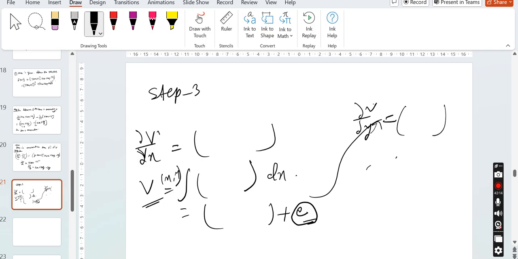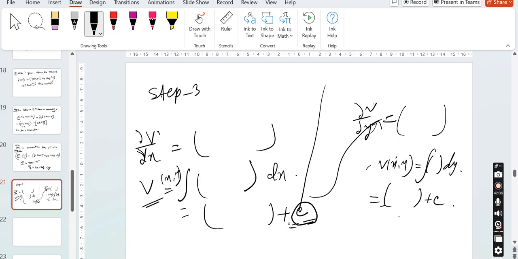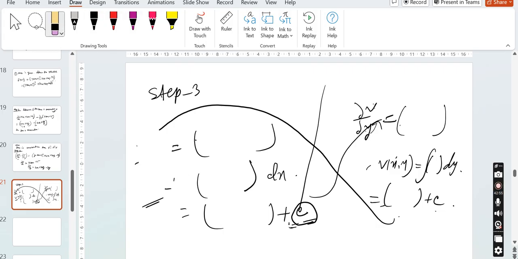Or we can integrate del v del y with respect to y and get something here, and equate those things and obtain c. Or you can first get c from del v del y, then differentiate with respect to x, then equate with that and obtain c. You can do this in 3 ways.